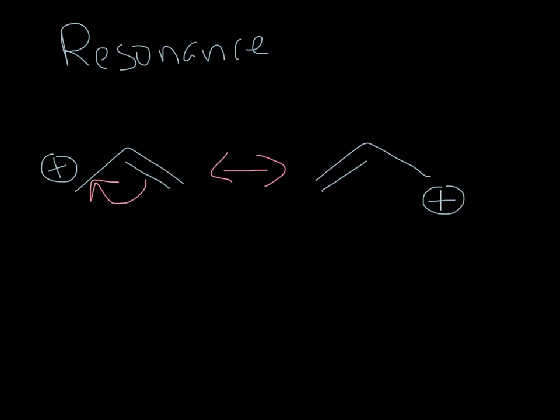Now with Lewis structures we can show all of the different resonance structures, but what the molecule really looks like is sort of, I'm going to do it like a dashed line here, is that it has a partial positive charge on the left-hand carbon and a partial positive charge on the right-hand carbon. But the positive charge is not centered on only one atom, and so the charge is shared via resonance, which stabilizes the charge as opposed to it being isolated on one atom.